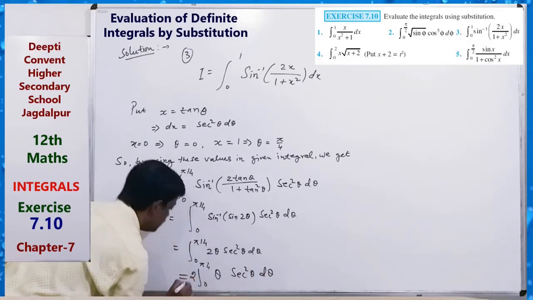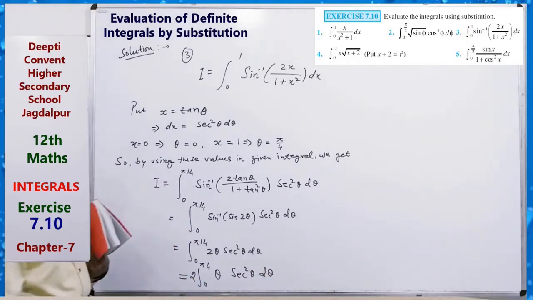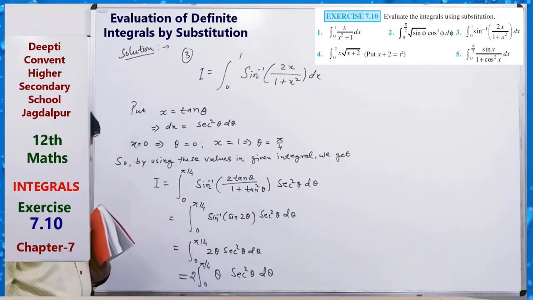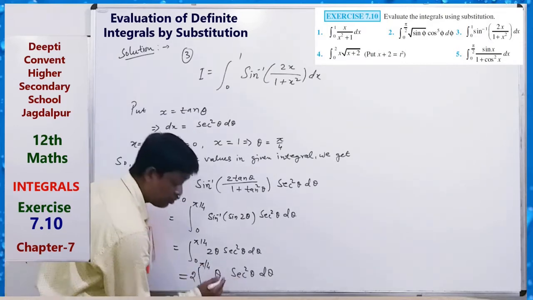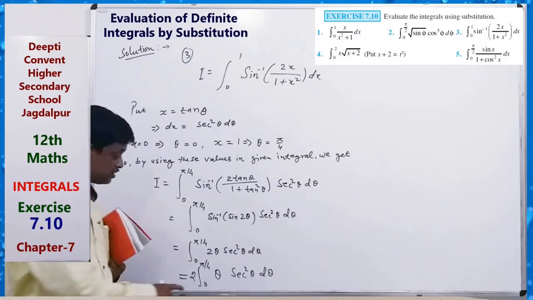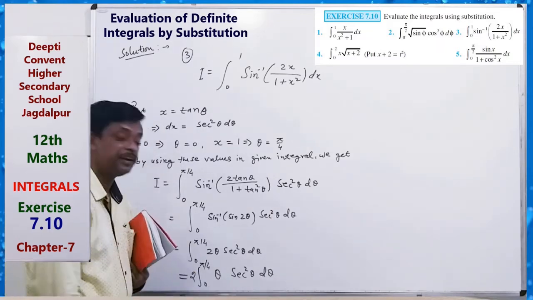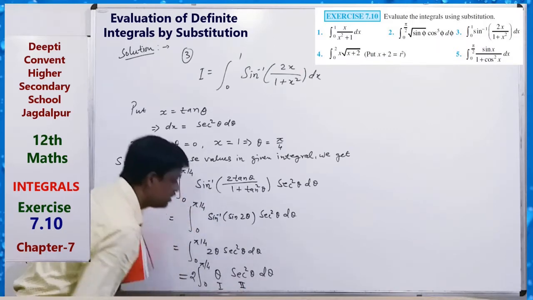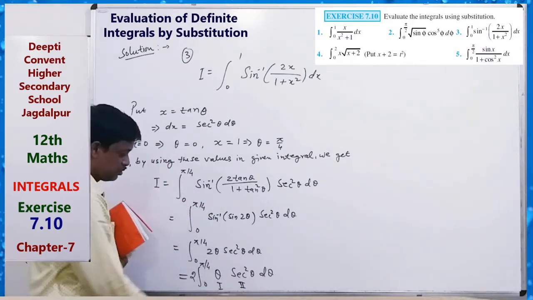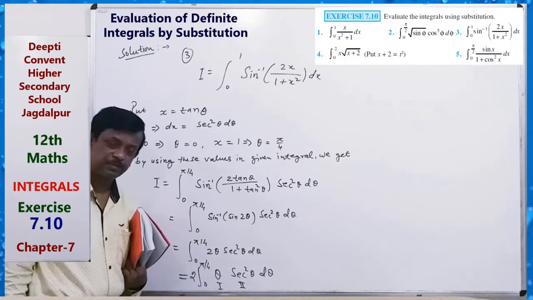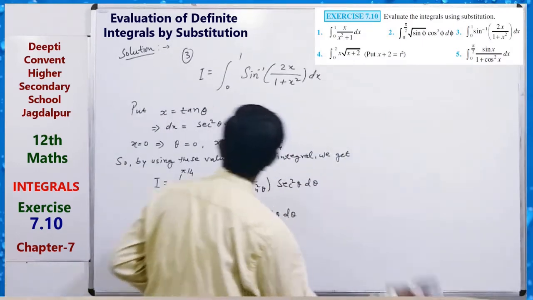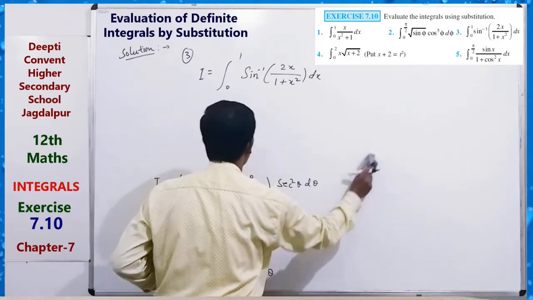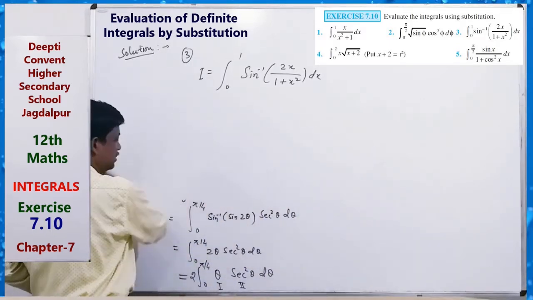2 is here. Okay, now theta into sec square theta. So for solving this integral, we use this as first function and this as second function, because its integration is tan theta. So use the by parts method.